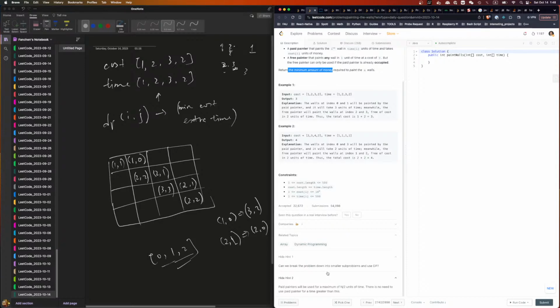Is n the total? No, n is the total number, and that's actually true, because no matter what, you use n divided by 2 units of time, because once you use that, at least you'll have that much time for the free painter to paint.